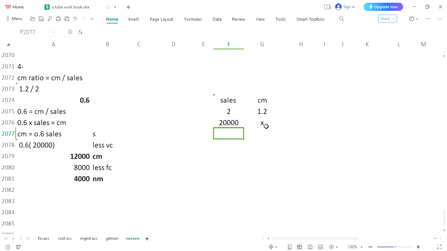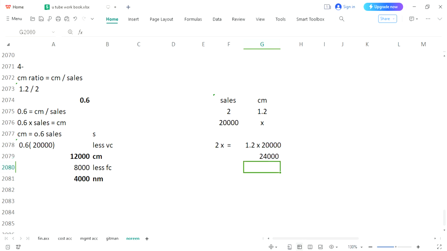The method is very simple. You will be cross multiplying these things. When 2 is multiplied with x, we get 2x, and 1.2 will be multiplied with 20,000. What would be the answer by multiplying 1.2 with 20,000?